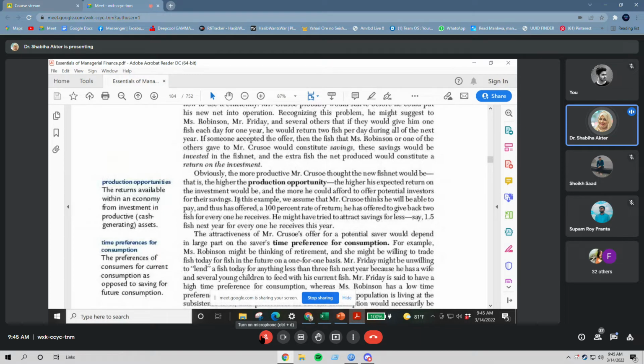That means he built a fish net, so he's expecting his fish net could catch more fish, right? So the more he expects from his fish net, he can actually offer more to the investor as well.